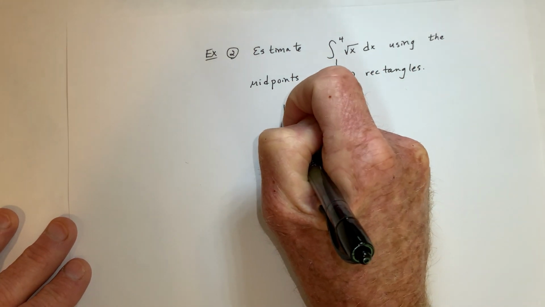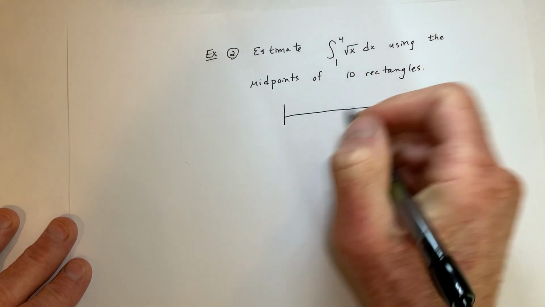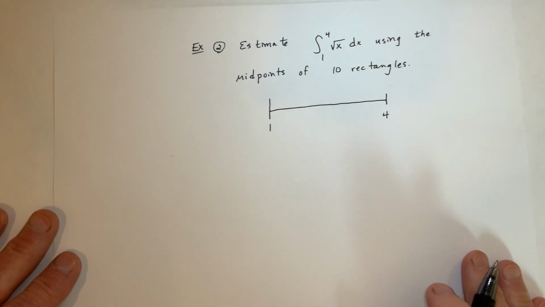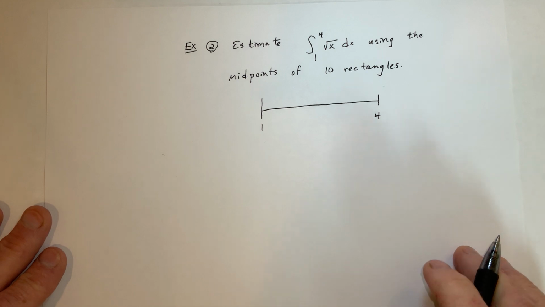So the idea is that we have an interval going from 1 to 4, and we're going to break that up into 10 equal pieces.